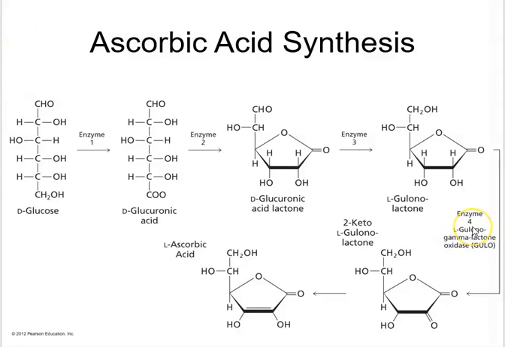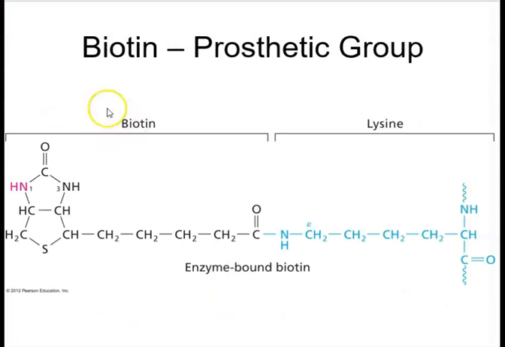This is the GULO gene that humans are missing, so we cannot continue the synthesis of vitamin C, or ascorbic acid. Here is the structure of biotin, another important prosthetic group. We consider it a prosthetic group because it has a covalent bond attached to the biotin portion, generally attached to a lysine amino acid side chain.